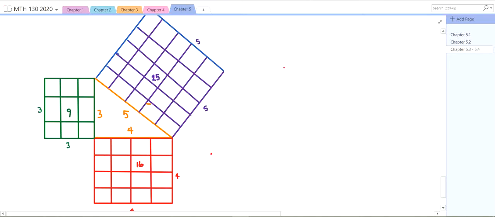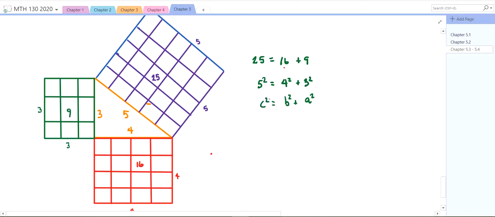So you see that 25 equals 16 plus 9, or 5 squared equals 4 squared plus 3 squared, which, if you recall, is like a squared plus b squared equals c squared.